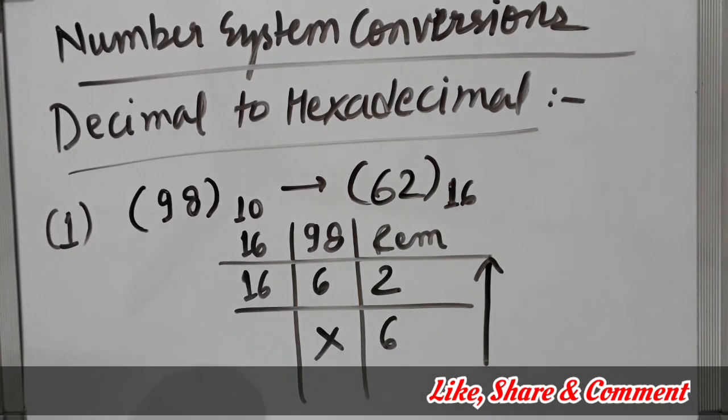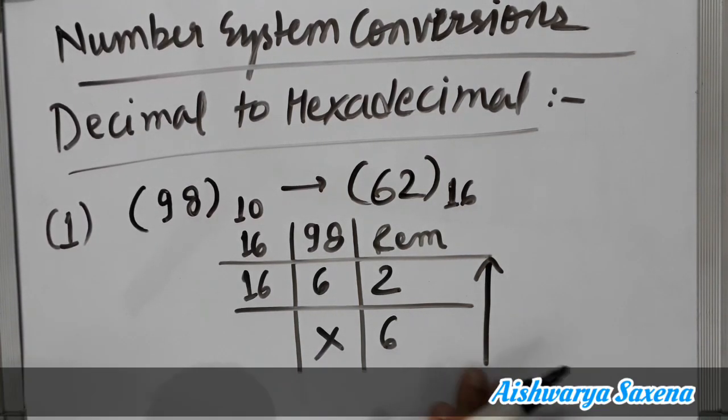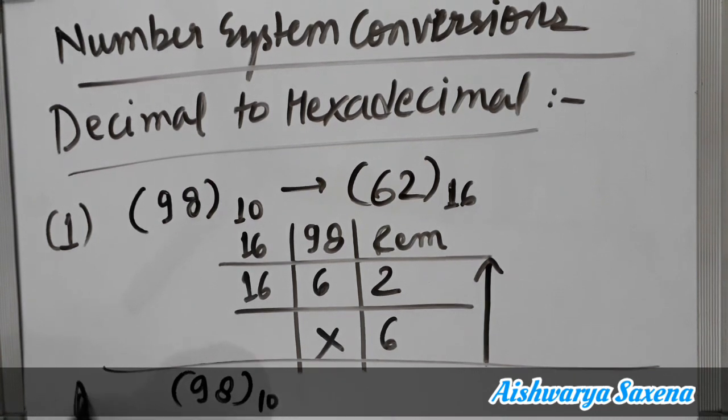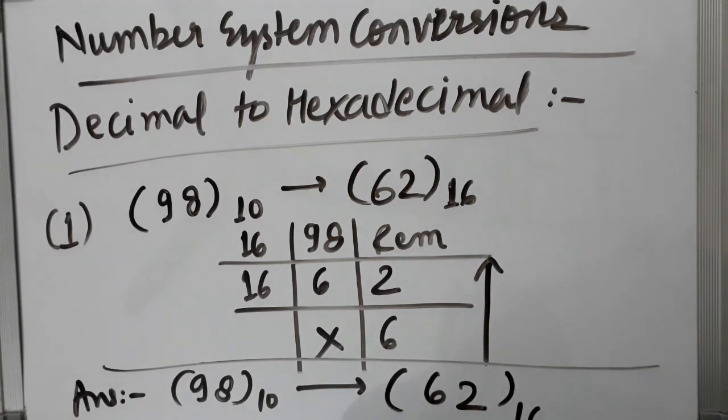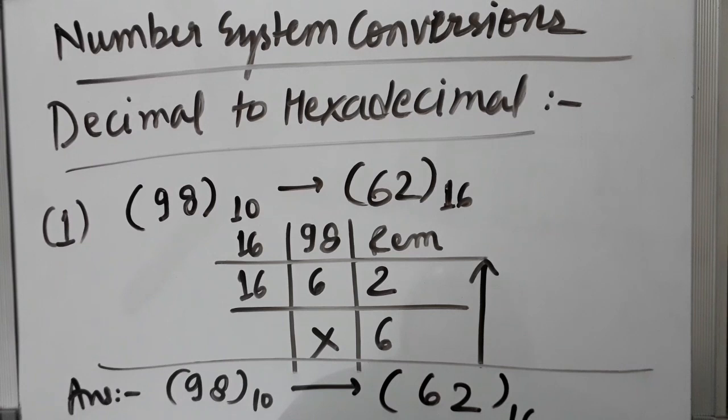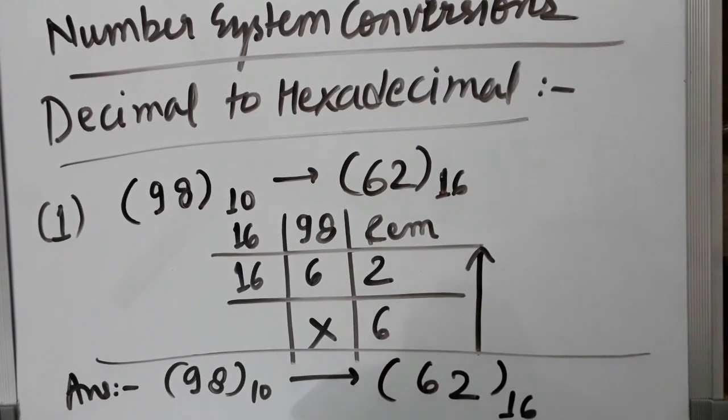When 98 is a decimal number and we convert it to hexadecimal, we get 62 as the answer. This way you have to write the base always, don't forget and don't make mistakes in this. It's really important. I hope this one is clear.